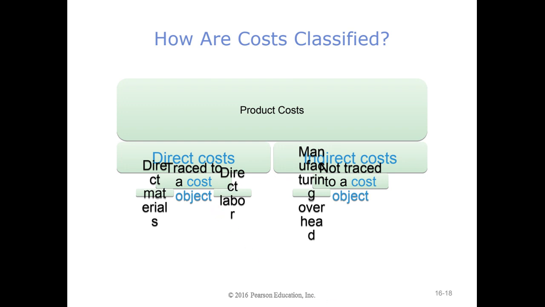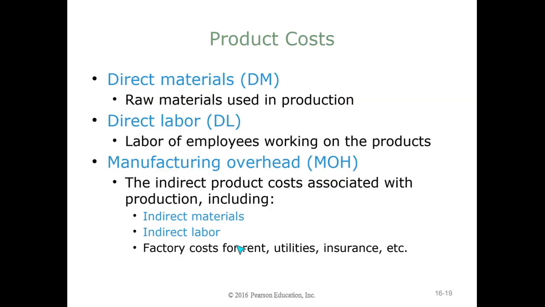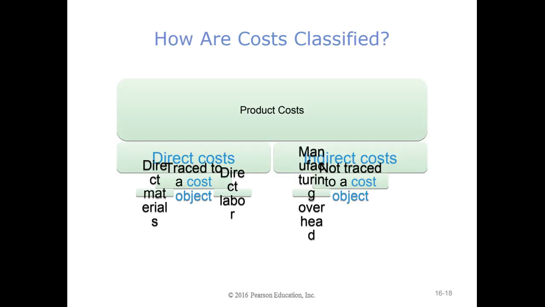All right, so we've got direct cost and indirect cost. Page 836. Direct costs are costs that can be easily and cost effectively traced to a cost object. You can easily identify this cost. It's a direct cost.